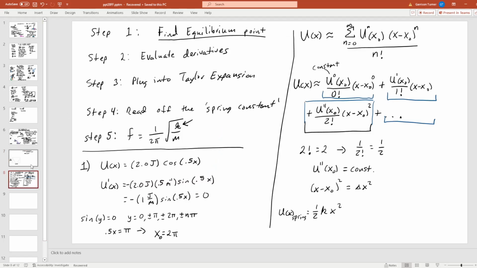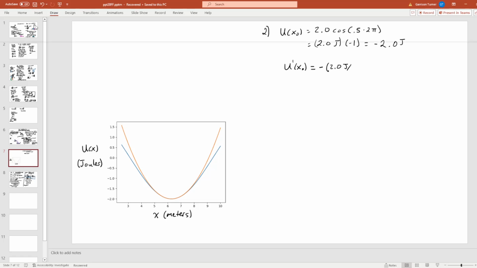Yeah, negative 1 times sine of 0.5 times 2 pi.